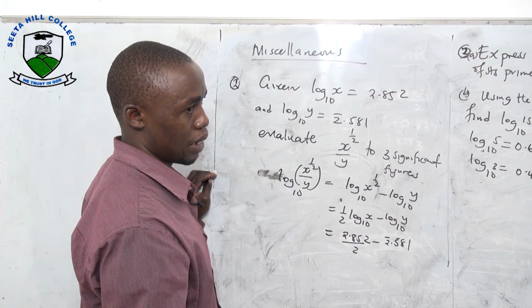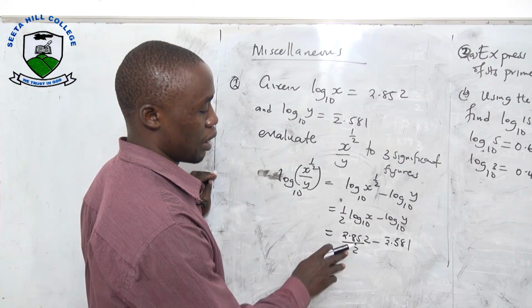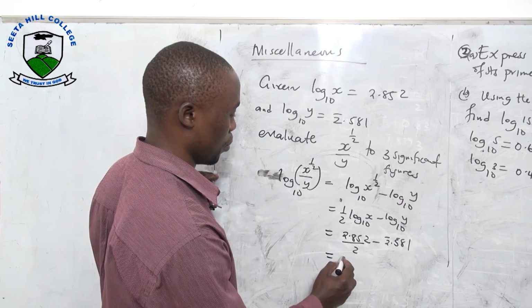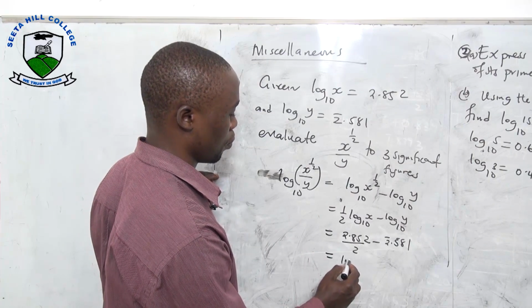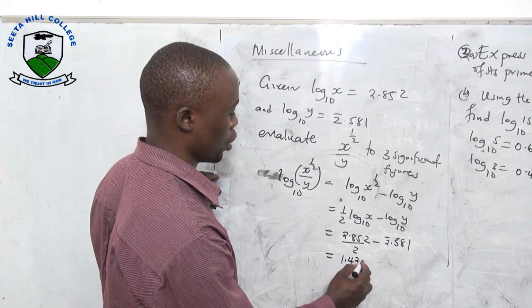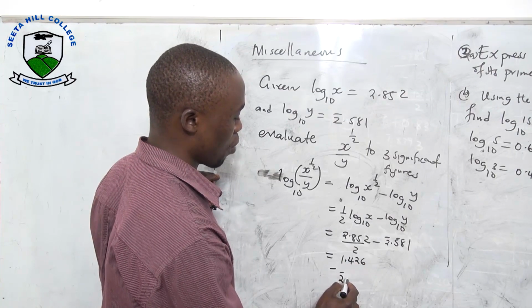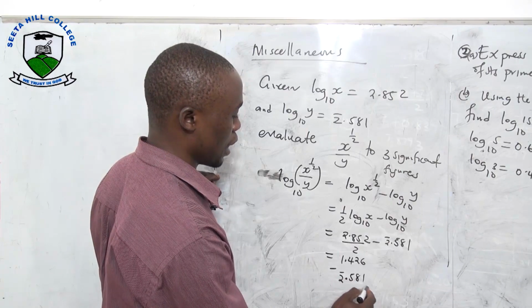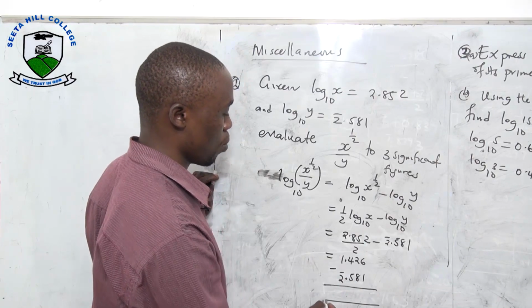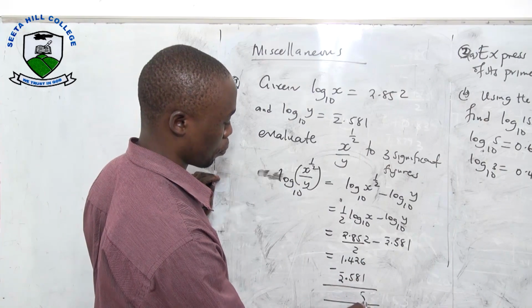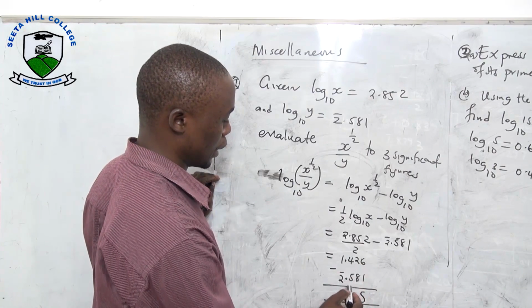So what is this? 1.426. Maintain the calculator to 3 dp as it was. Now I'm subtracting. We say don't subtract using a calculator. So 6 minus 1, 2 minus that.